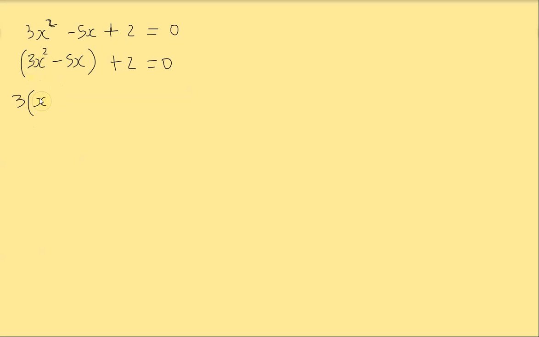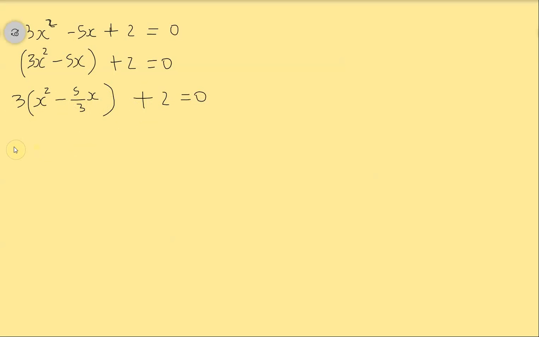If you factor out a 3, then what would be left in the bracket is x squared minus 5 upon 3 x. Because remember, if you multiply 3 by negative 5 upon 3, then you're going to get back your negative 5. Good. And of course you put the plus 2 equals 0.